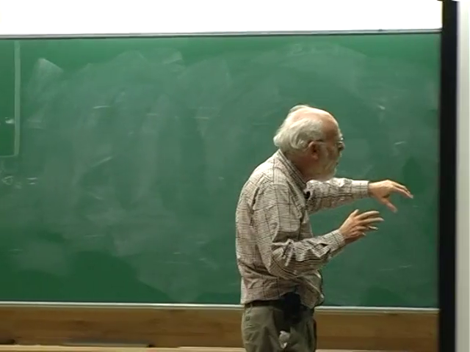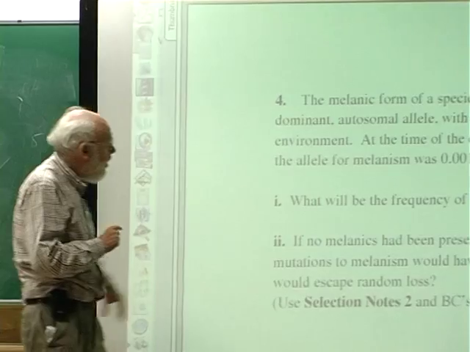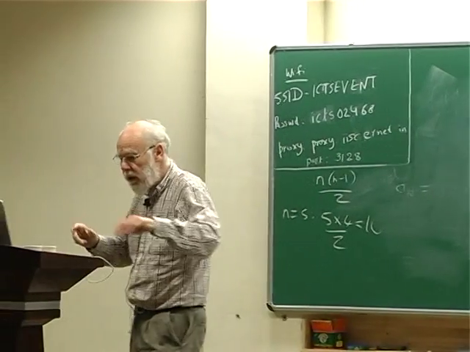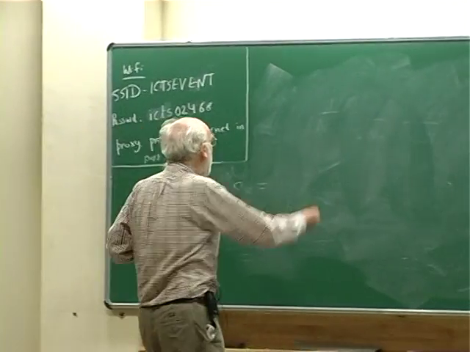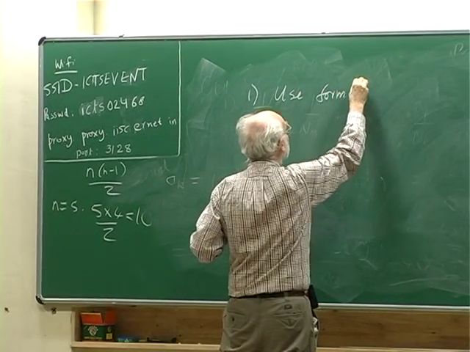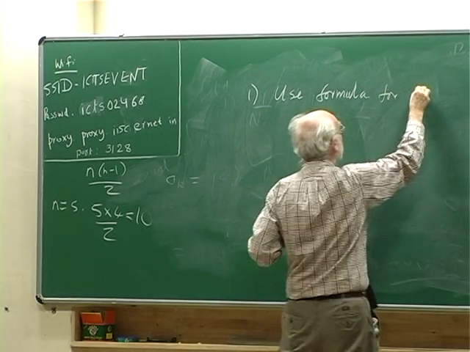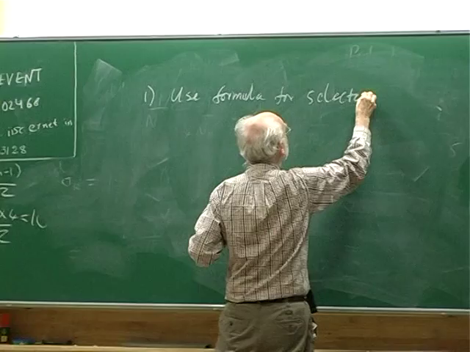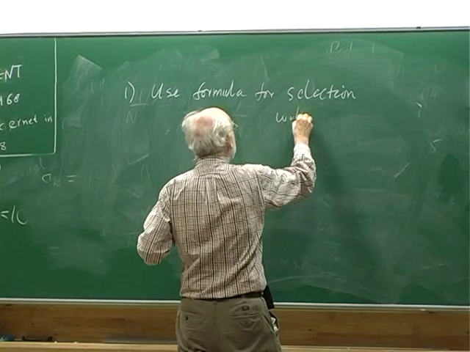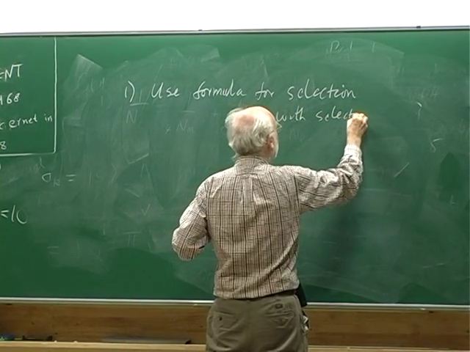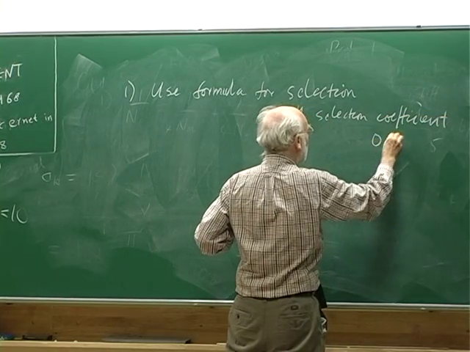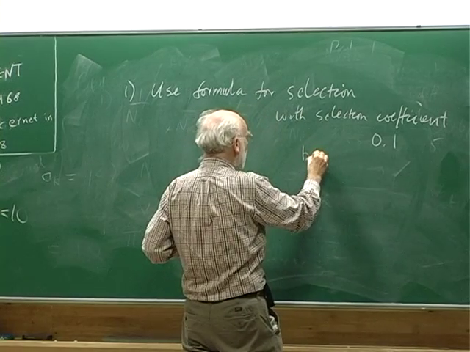It's in 2 sections, all based on material I presented yesterday. I'll just give you a couple of hints to get you going. Part 1, you need to use the formula for selection with selection coefficient 0.1, but this is a diploid model.